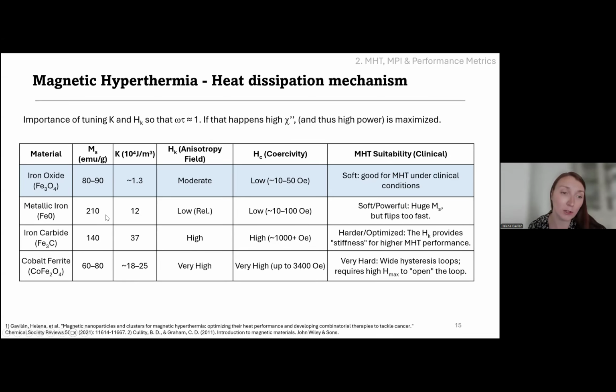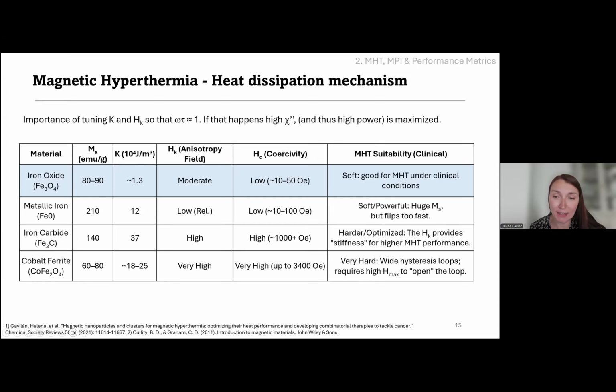Okay. Then, of course, we have metallic iron. As I said, it has very high saturation magnetization, but is quite soft, and it flips too fast. So in the end, there is no lagging, and in order to have a lag, we would need very high alternating magnetic field conditions, so it wouldn't meet the clinical conditions. Then we have other materials like iron carbide that can be very interesting, and maybe it will be more developed and exploited in the future.